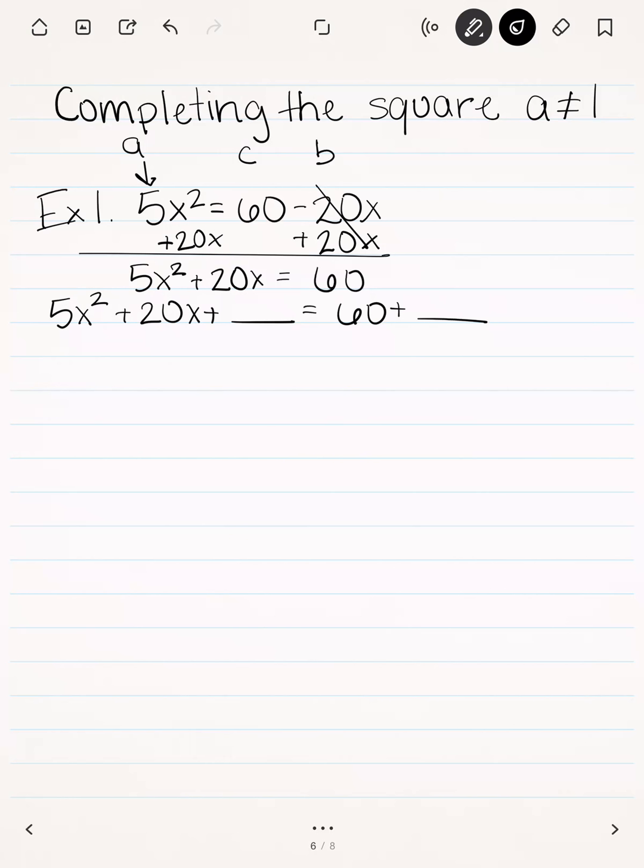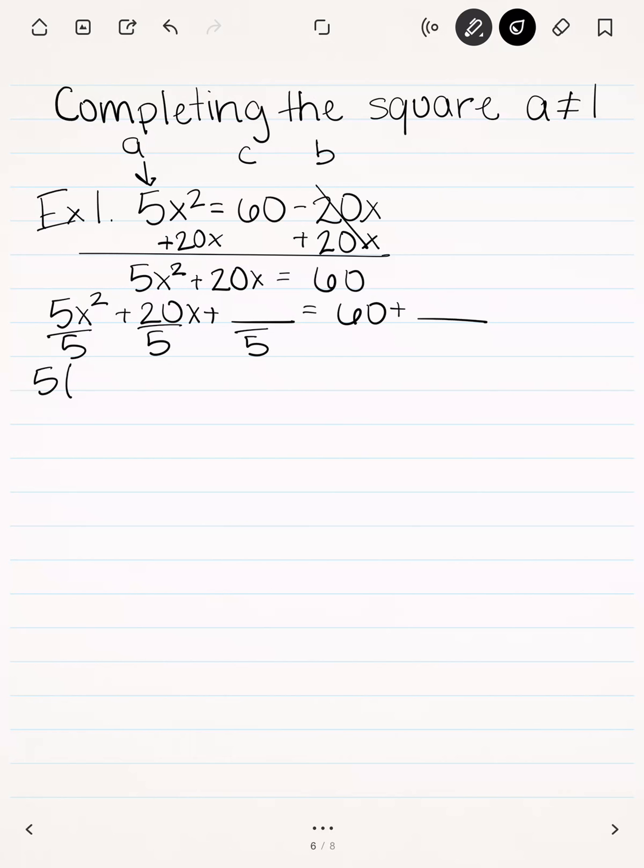Now from here, we need to look at the left side only, so the 5x squared plus 20x, and we need to look for a GCF for the 5 and the 20. So the GCF of it is 5, so I'm going to divide this by 5, this one by 5, and the space by 5. So I get 5 is my GCF.